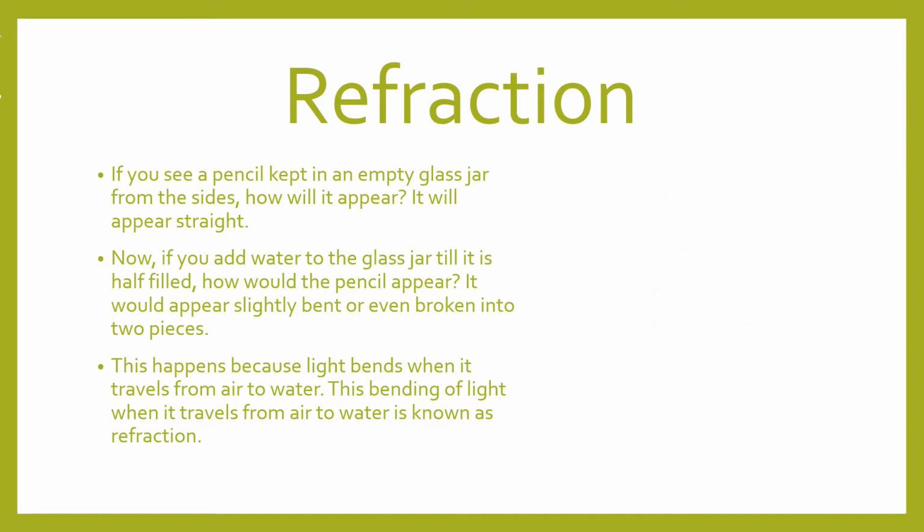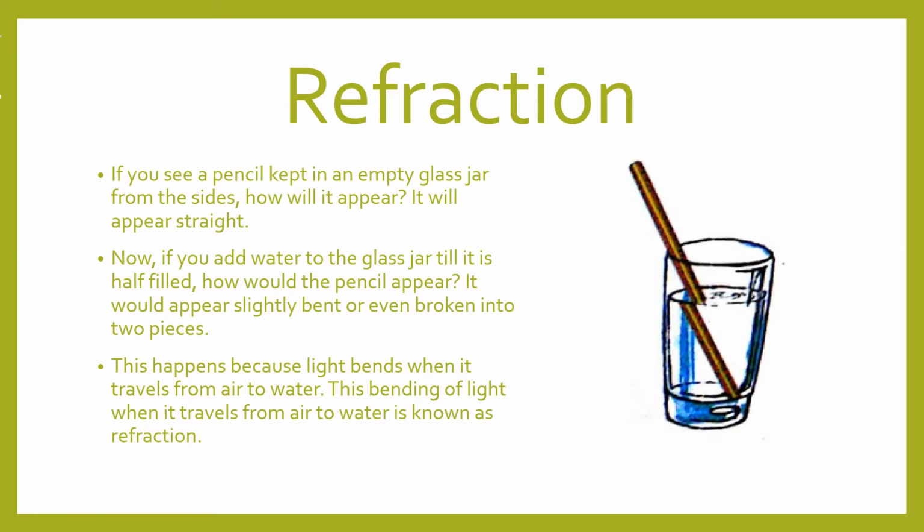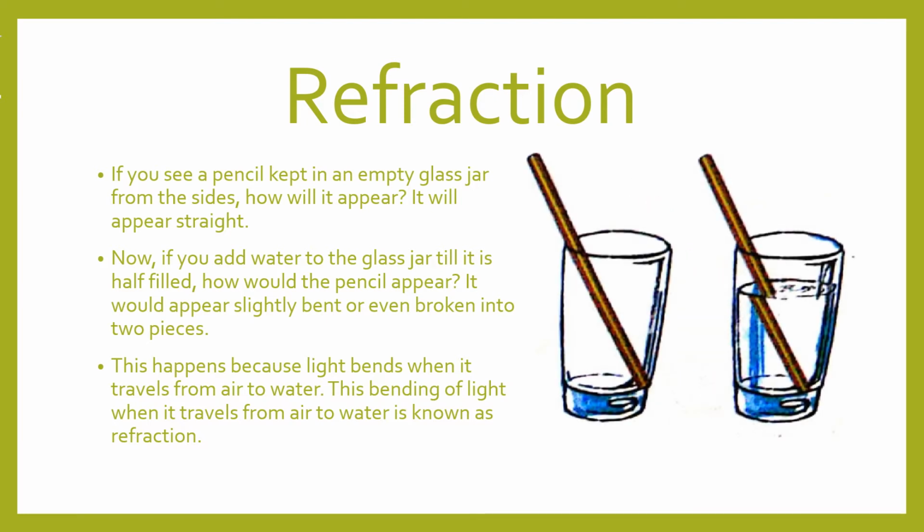Now add water to the glass jar till it is half filled. How would the pencil appear now? It would appear slightly bent or even broken into two pieces. You can try this at home. Today this is your homework, children. You have to try these two experiments at home.